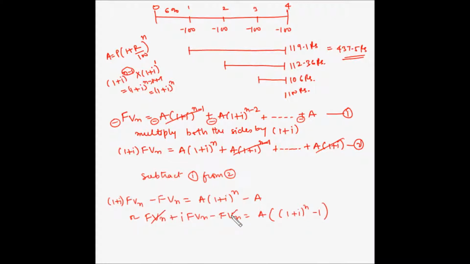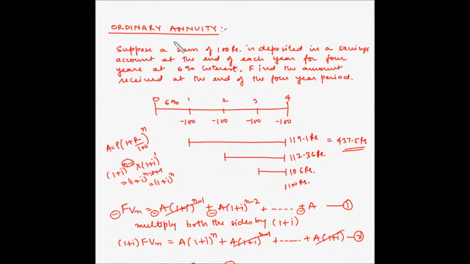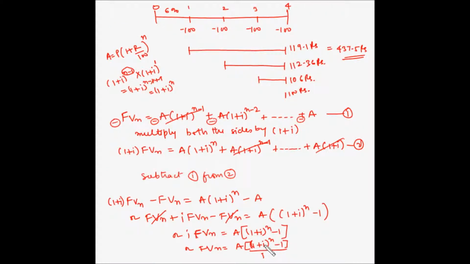So FVN and FVN gets cancelled, or I into FVN is equal to a into 1 plus I to the power n minus 1, or FVN is equal to a into 1 plus I to the power n minus 1 divided by I. So this is the formula for finding out the future value of an ordinary annuity with I as the rate of interest and n as the number of compounding periods, where A is the amount of money being deposited on a regular basis.